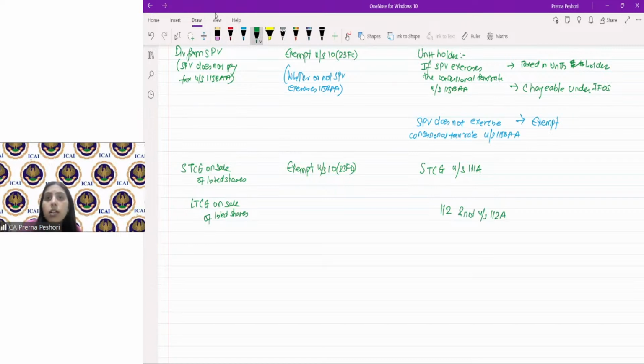Are we clear? So in case of the listed share, this will fall under 112 and not under 112A. If it is a long-term capital gain of the REIT on the sale of listed shares, it will fall under 112. Are we clear? Any doubt, any questions till now?